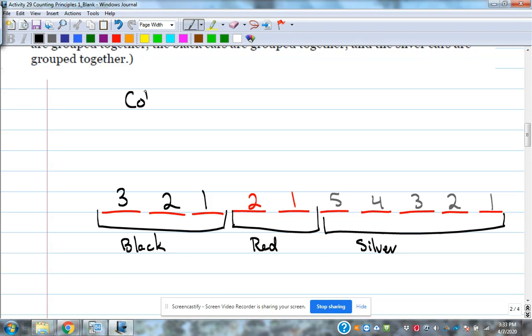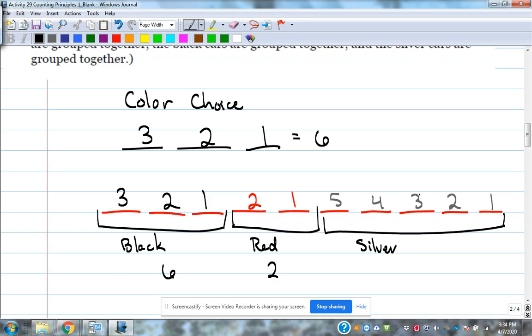So we need to do a color choice. You've got 3 colors to choose from: 3 colors, 2 colors, 1 color. We're going to work those out. It's going to be 6, and then we multiply all this together. That's 6, 2, 120, and I'm just multiplying instead of using the factorials.